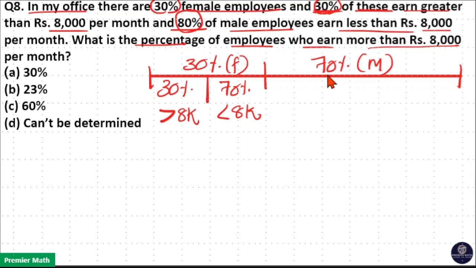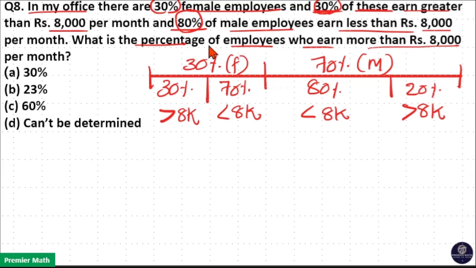Here 70% are the male employees. Out of the 70%, 80% earn less than 8,000 rupees per month. That means remaining is 20% which earn greater than 8,000 rupees per month.